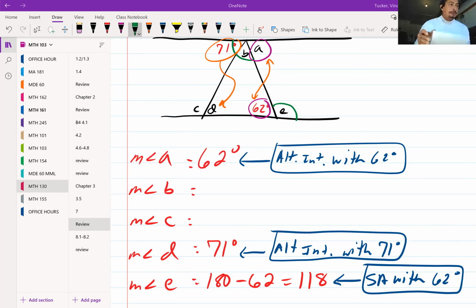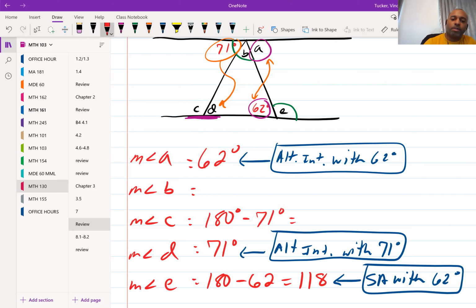All right, I'm ready. We have C left and B left. So we want to find C. That's a straight angle with D, so you can do 180 minus 71 degrees.